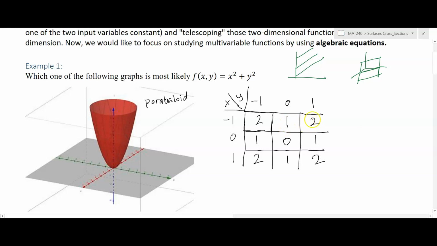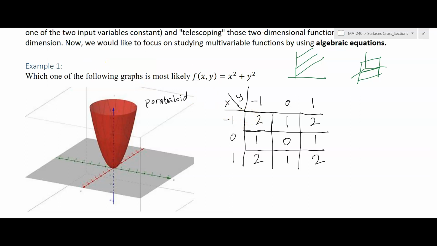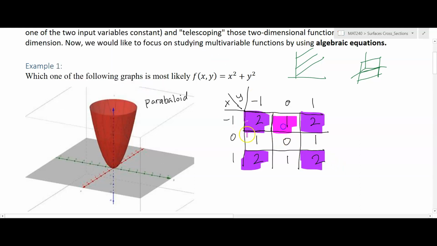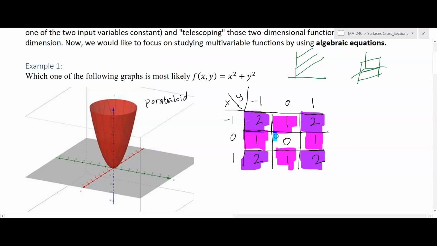And this one would be a really high point, and we could shade these different colors if we wanted to look at elevation. If I used something a little bit darker for the higher points here, and some of these are a little bit lower, right in the center I have my lowest point, which has a height of 0. So we can see that this graph should go through the point x is 0, y is 0, z is 0.